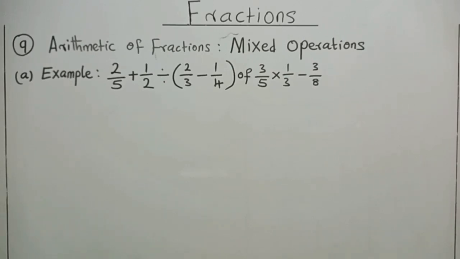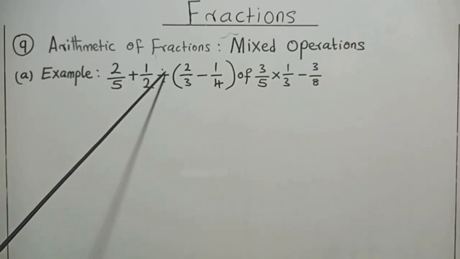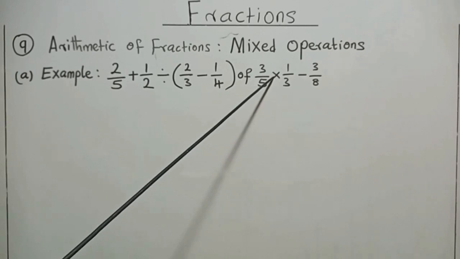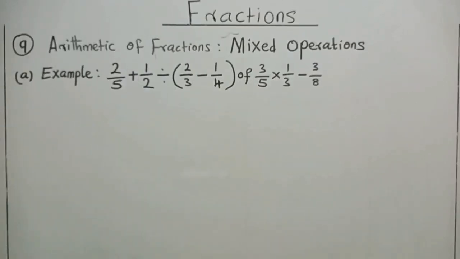The question is, how do we solve this type of problem? We have learned how to add, we have learned how to divide, we've learned how to subtract and multiply. Which of these operations should therefore be taken first? That is, should I start adding?